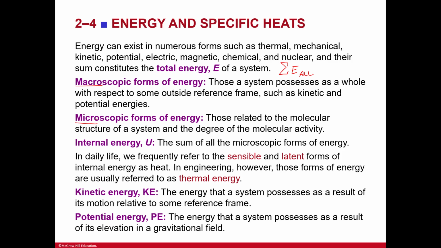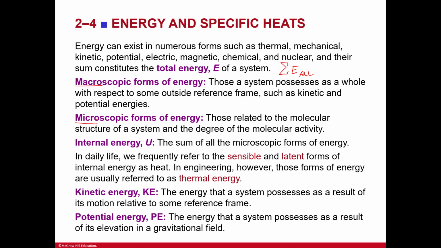Kinetic energy, which is denoted by KE, is the energy that a system possesses as a result of its motion relative to some reference point. So a starting point, and then the change in that is the motion, and that's going to be kinetic energy. So think of kinetic energy as the moving energy.